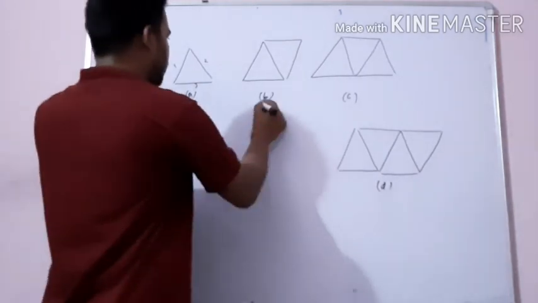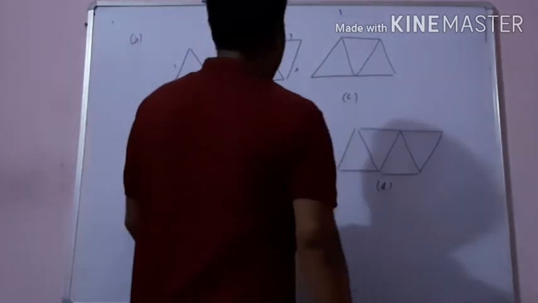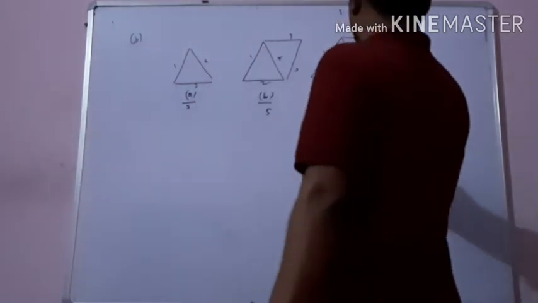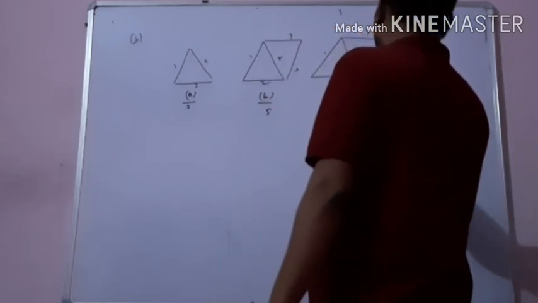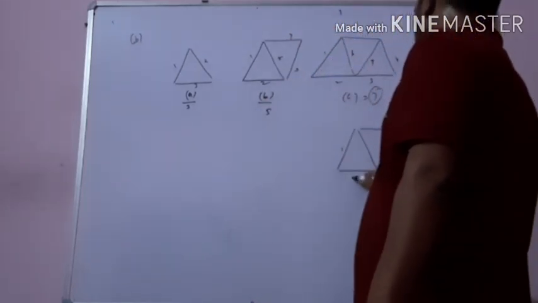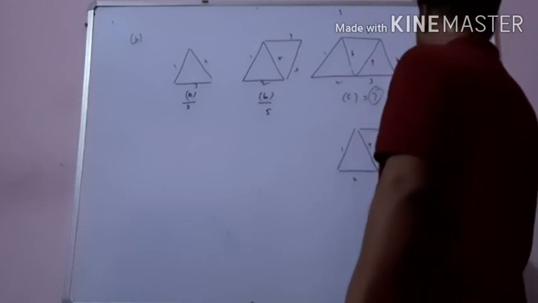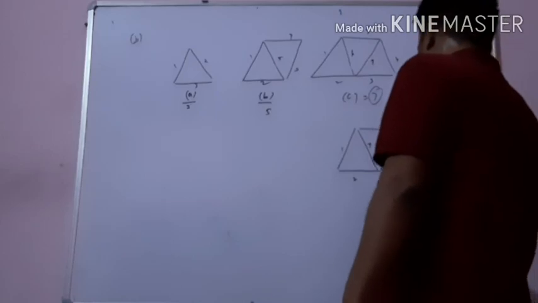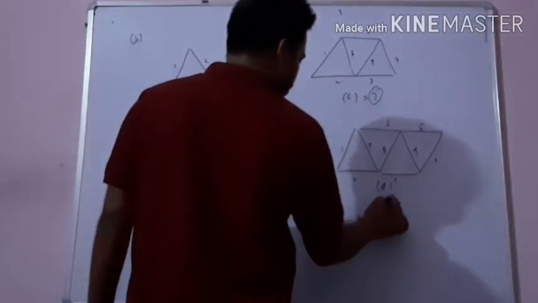For making figure B, 1, 2, 3, 4, 5. For C, 1, 2, 3, 4, 5, 6, 7, so 7 matchsticks. For D, 1 to 9. 9 matchsticks have been required to make this figure.